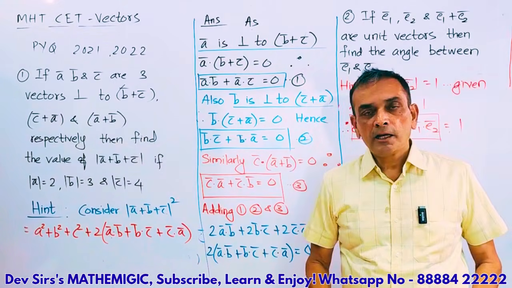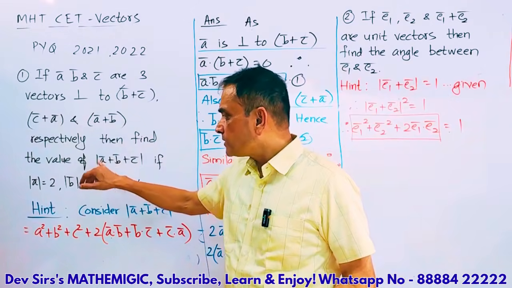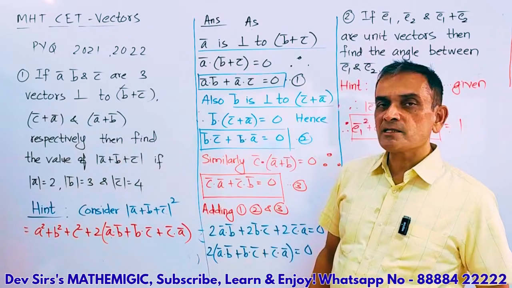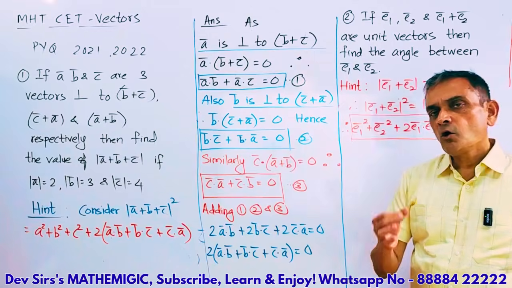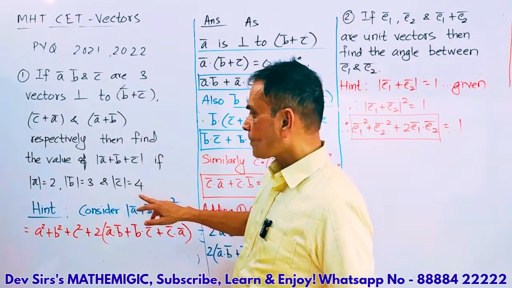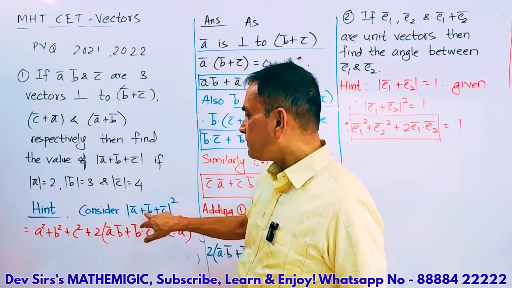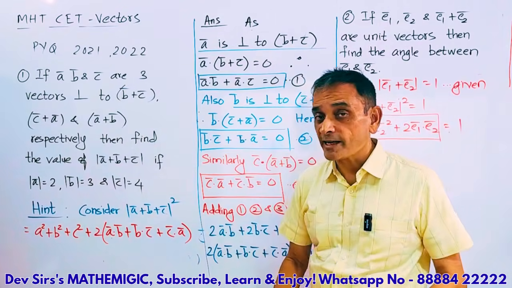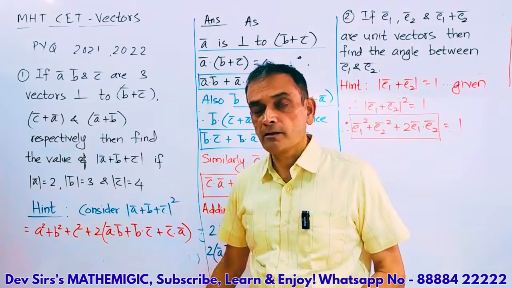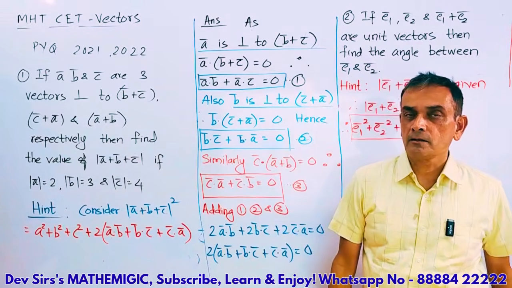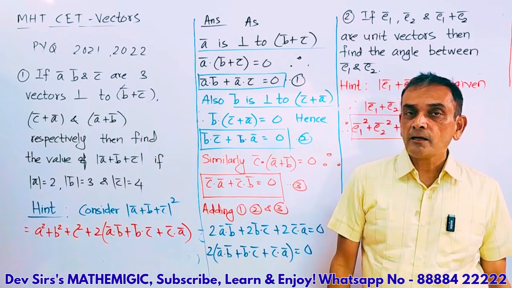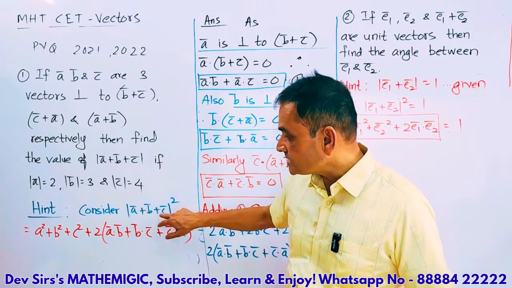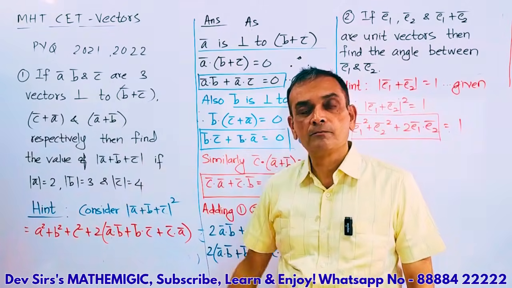Okay. If magnitude of A bar plus B bar plus C bar is asked, अगर ये पूछा है, always consider magnitude of A bar plus B bar plus C bar squared. Okay, consider that. Why? Because when you consider this, there is a formula for this.